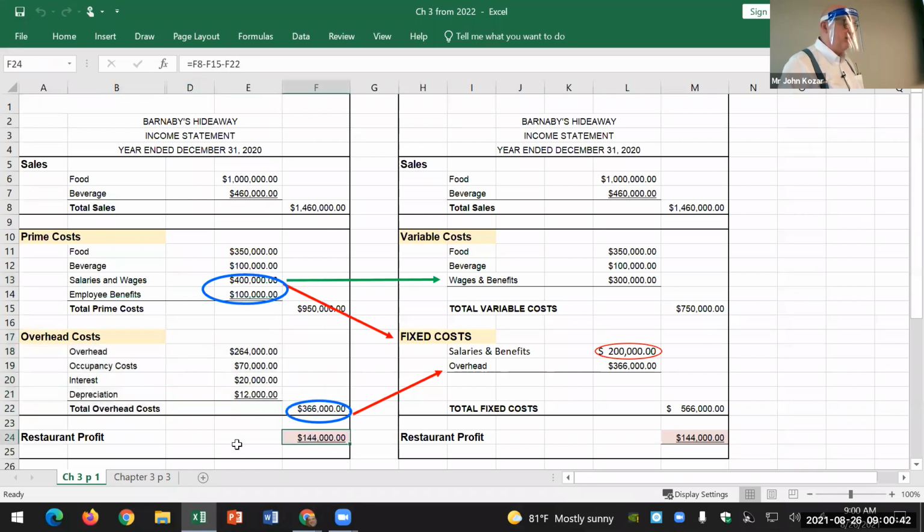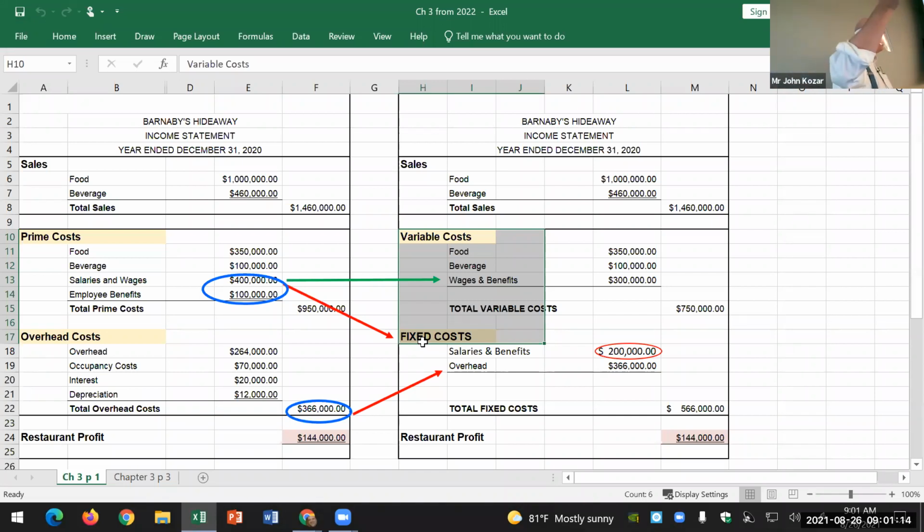And we come out to a profit of $144,000. That's just from the total sales subtracting off those two amounts that are highlighted as our expenses. On the right-hand side, you notice we still have the same profit of $144,000, but we renamed the costs and broke them down into variable costs and fixed costs.